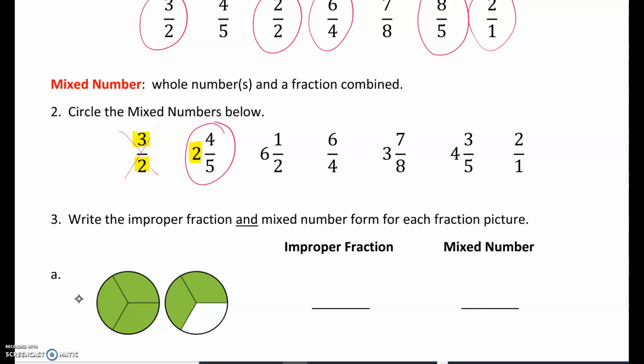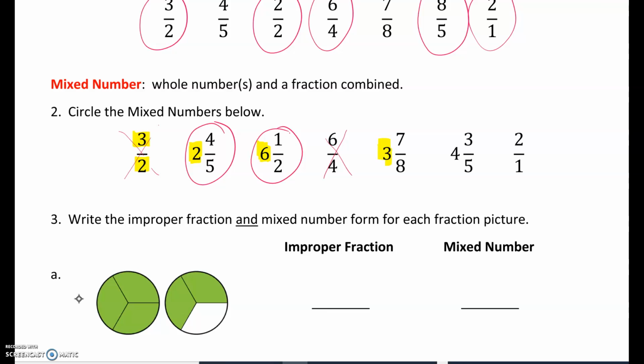How about 6 1/2? Yes, 6 is my whole number and 1/2 is a fraction. This is also a mixed number. How about 6/4? It's missing a whole number, so it is not a mixed number. 3 7/8. Well, 3 is my whole number and 7/8 is my fraction.